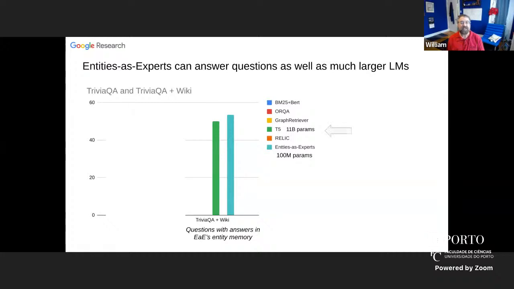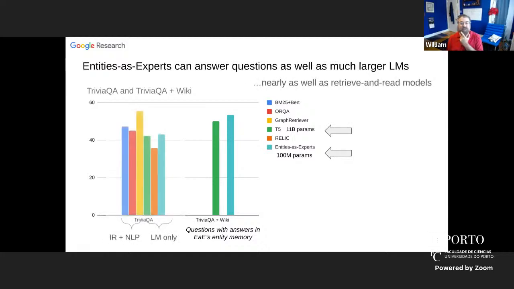This green line is T5, a version which has 11 billion parameters. The bluish line is Entities as Experts, which has a mere 100 million parameters. 100 million might sound like a big number, but not compared to 11 billion. It's about 1% that size, about 100 times smaller.